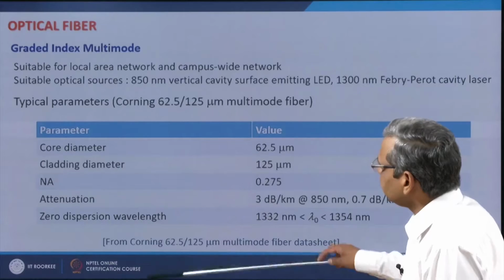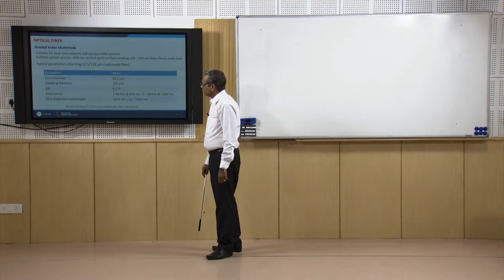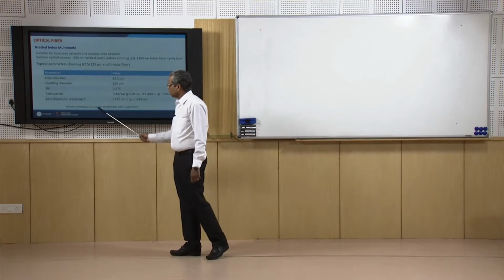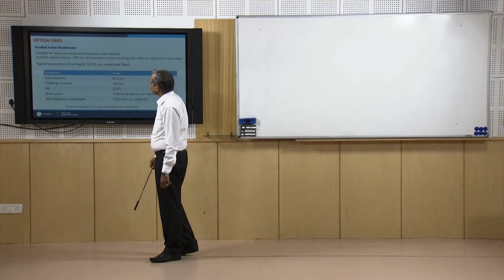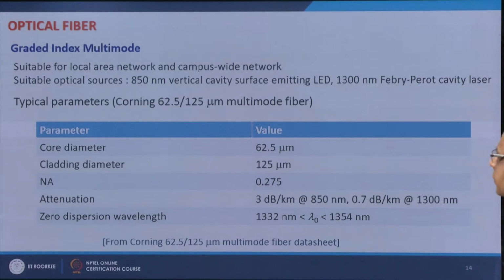Here I have listed typical parameters of a Corning 62.5 by 125 micron multimode fiber, which I have taken from the Corning fiber data sheet itself. The core diameter is 62.5 micrometer, cladding diameter is 125 micrometer, numerical aperture is 0.275, attenuation is 3 dB per kilometer at 850 nanometer wavelength and 0.7 dB per kilometer at 1300 nanometer wavelength.